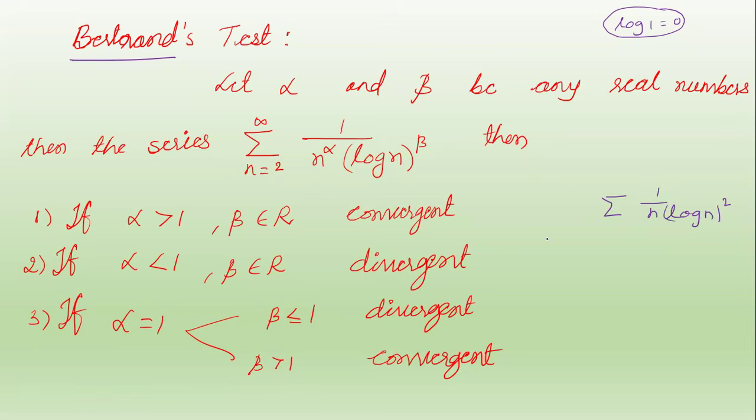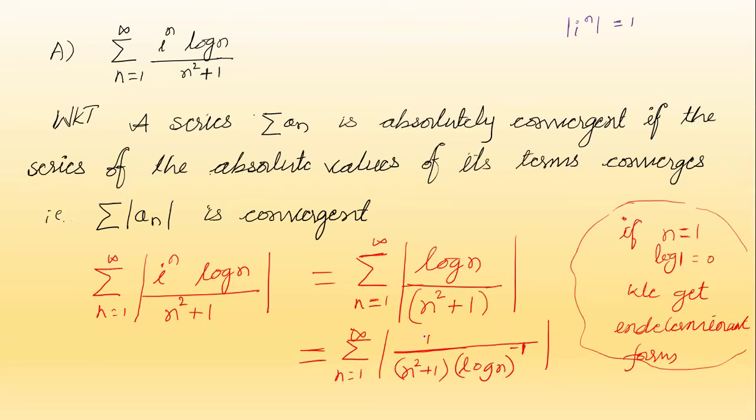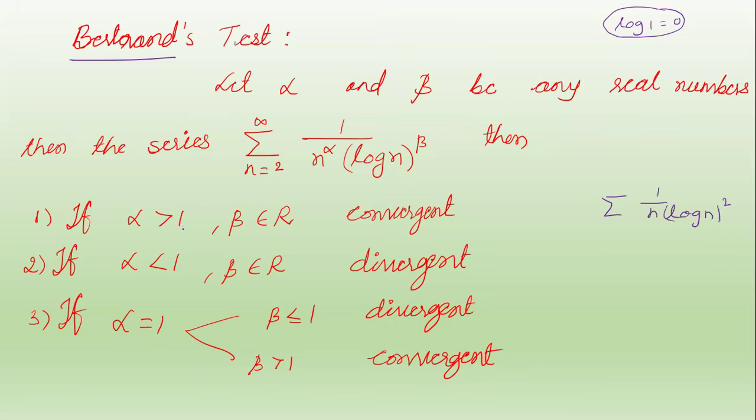Now, the given series is here n raised to 2, so alpha equal to 2.